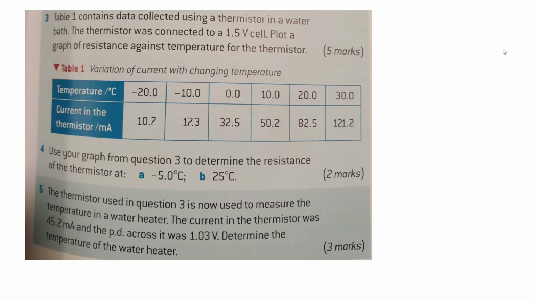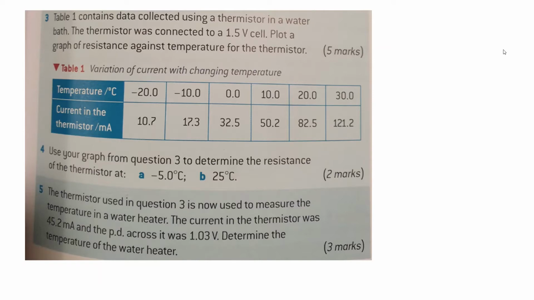Question 4. Use your graph from question 3 to determine the resistance of the thermistor at A, -5 degrees and B, 25 degrees. Question 5. The thermistor used in question 3 is now used to measure the temperature in a water heater. The current in the thermistor was 45.2 milliamps, and the potential difference across it was 1.03 volts. Determine the temperature of the water heater, 3 marks.